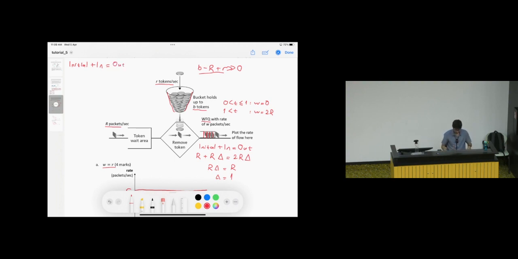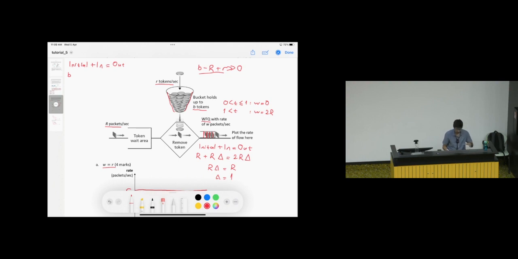But this time, it's a little bit more complicated to compute the initial number of tokens, because I had B tokens at first. For the first second until t equals 1, I remove tokens at a rate of, it's going to be complicated to compute the output rate.